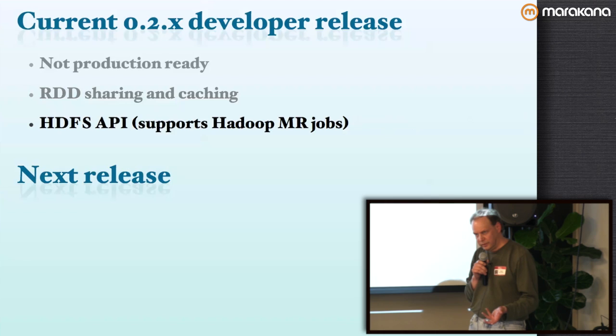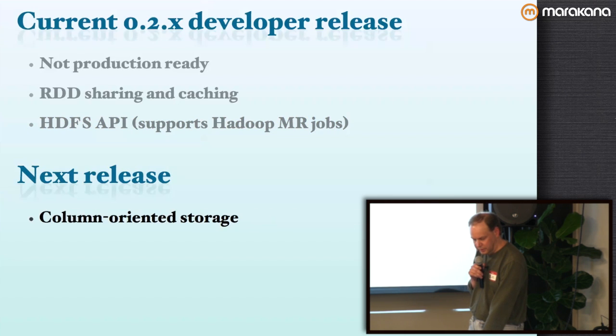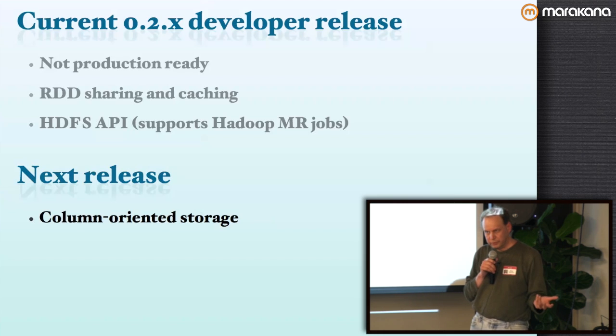There's an HDFS API to it, so you can actually write Hadoop MapReduce jobs using Tachyon. But things like being able to directly put the column-oriented storage that I talked about from Shark before, you can't. Eventually, we'll be able to take those and write those directly into Tachyon as well.